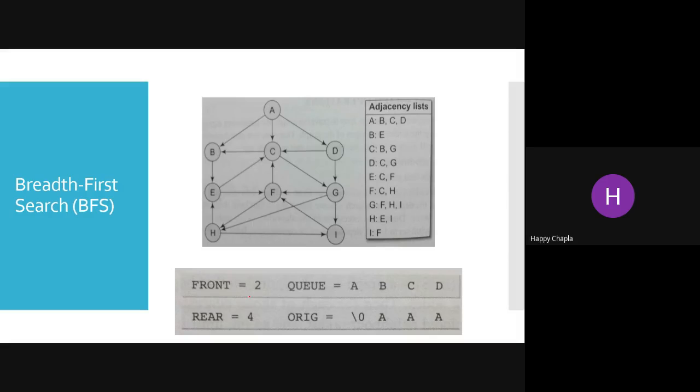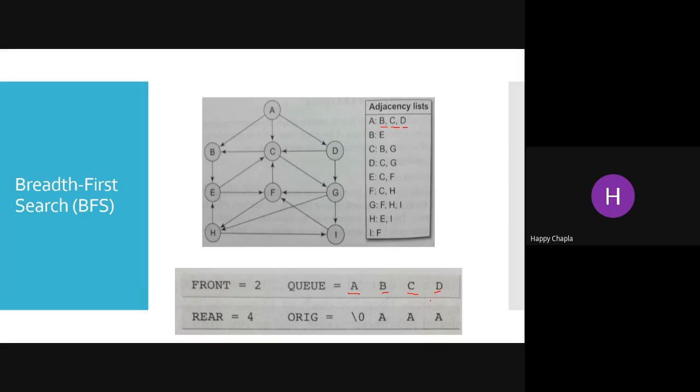My A node's adjacent nodes are B, C and D. Make their status equal to 2, that means B, C and D. Now the 3 nodes are in the waiting state.